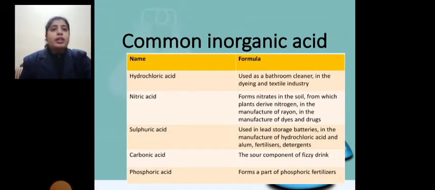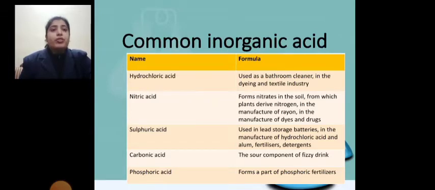Now, these are some common inorganic acids. The first one is hydrochloric acid. Hydrochloric acid is basically used as a bathroom cleaner and it is also used in dyeing and textile industries. Now, this next one is nitric acid. Nitric acid is used in the manufacturing of rayon and also in the manufacturing of dyes and drugs.